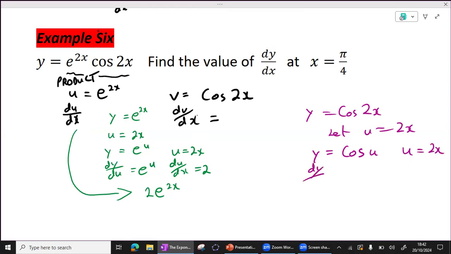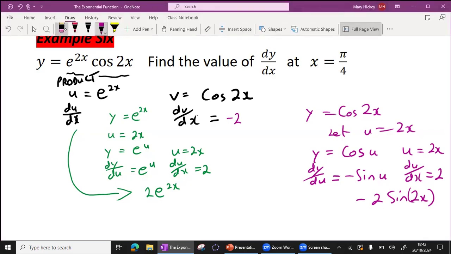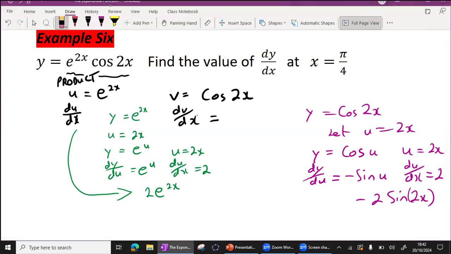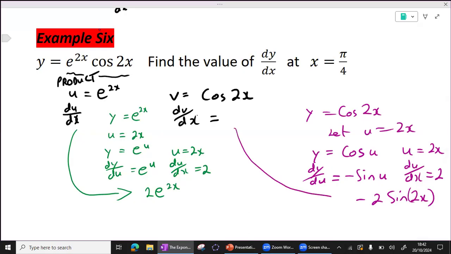So if I'm doing dy du, cos, according to my log tables, when you differentiate it, becomes minus sine of u, and du dx becomes 2. So piecing it back together and replacing back in the u, it becomes that. So that is my dv dx. Actually, I'll just draw an arrow there. So that itself is my dv dx.